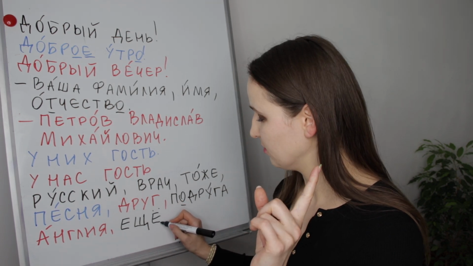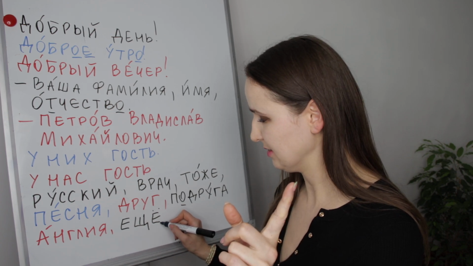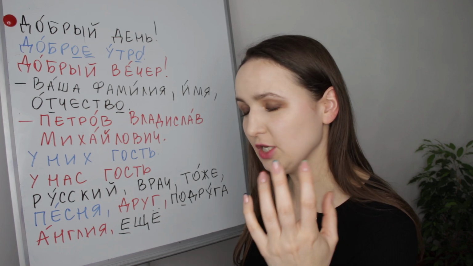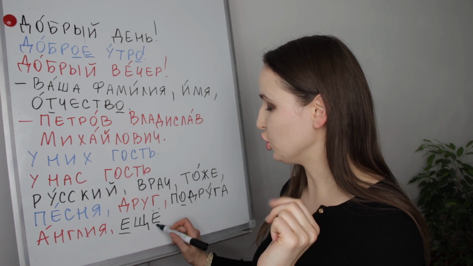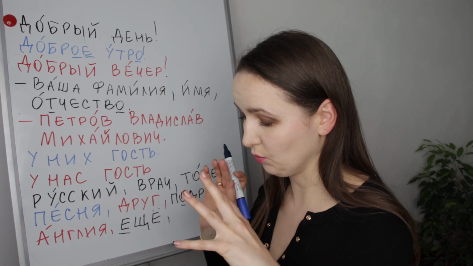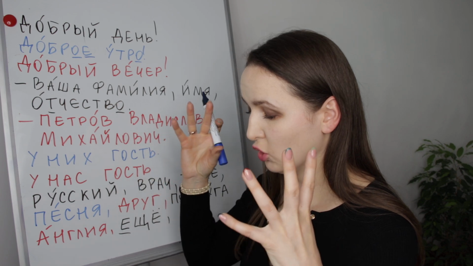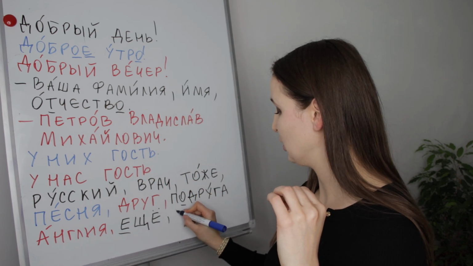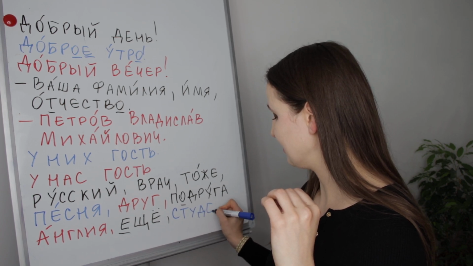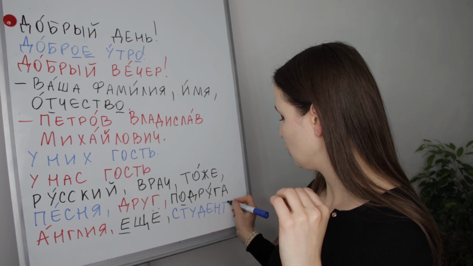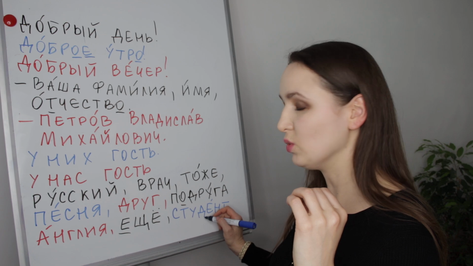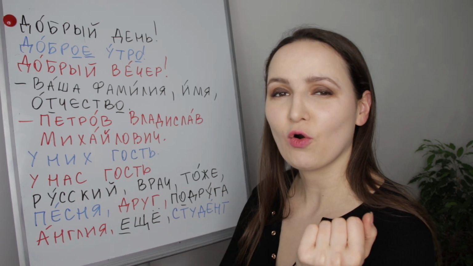Yo is always stressed. So, еще. This ye will be pronounced as E because it's not stressed. Еще. And one more word and we are done. Студент. Студент is a student, of course.